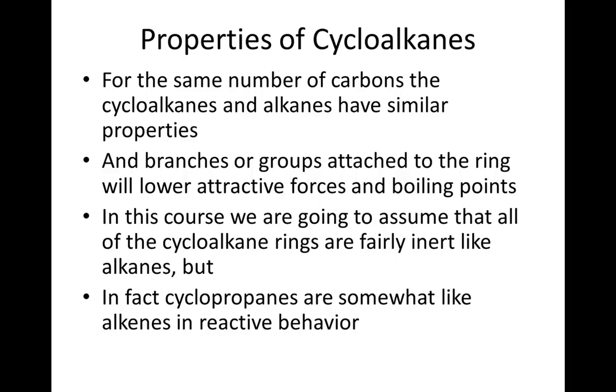And so they'll be similar for the same number of carbons given that constraint of branchiness. We're going to assume in this book that the cycloalkanes behave pretty much like the alkanes in that they're fairly inert to reactivity. But in fact, cyclopropanes are a little bit more reactive than other cycloalkanes, and we'll talk a little bit more about that later.